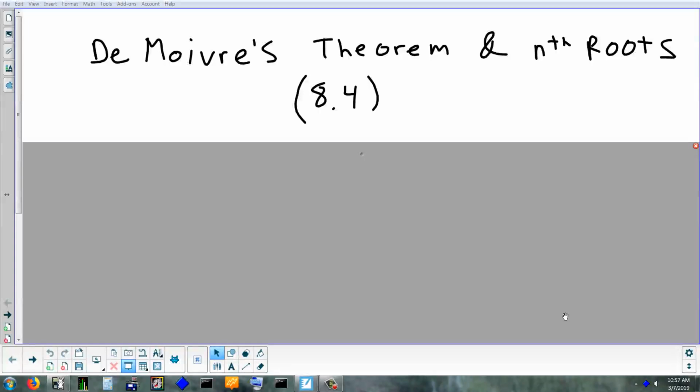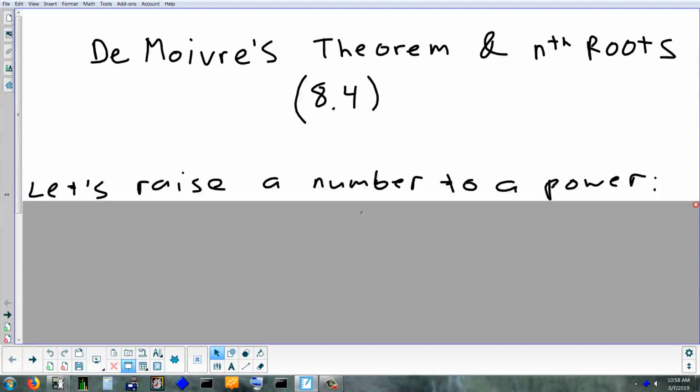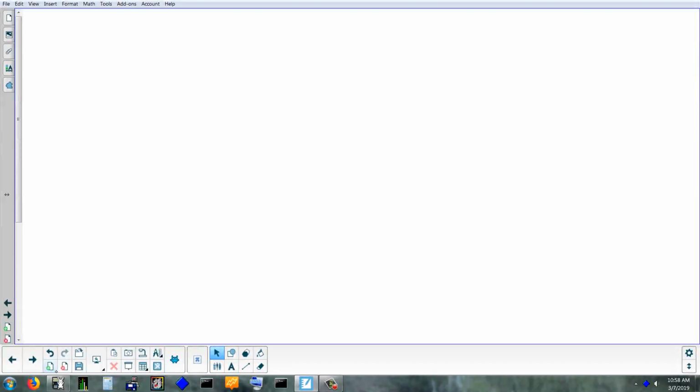Alright, so we're going to finish up by looking at section 8.4. The last two operations we're going to do with the trig form of complex numbers are raising to powers and taking roots. If you wanted to raise a number to a power the way we have now, like 2 plus 3i squared, you can do it.